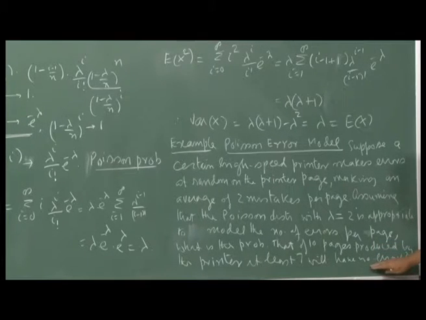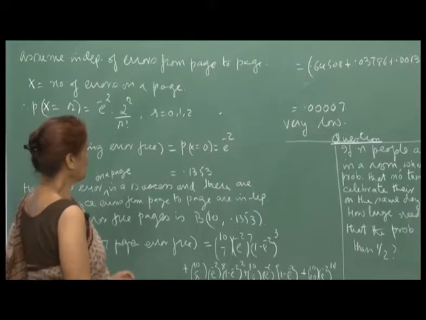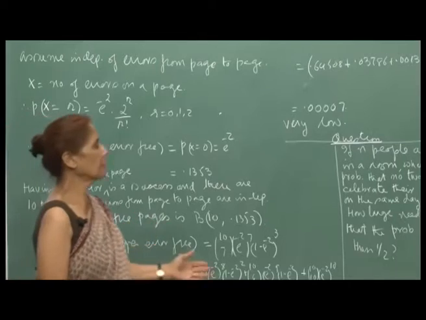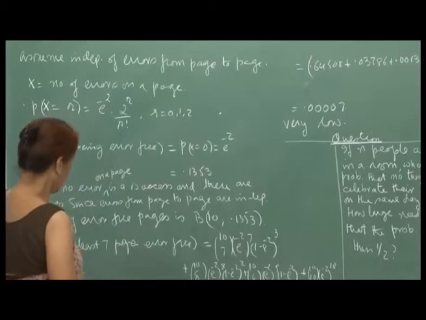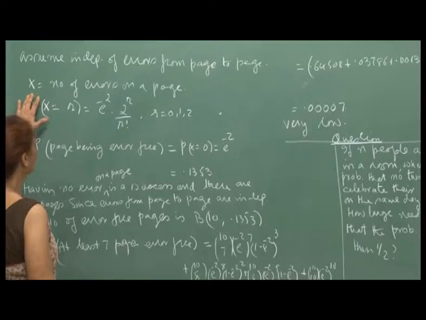So, now you want to find the probability that when 10 pages are printed, 7 of them are without any error. We assume independence of errors from page to page. That means the number of errors that occur on one page is independent of the number of errors that occur on the second page, and so on. Now, let x be the number of errors on a page.